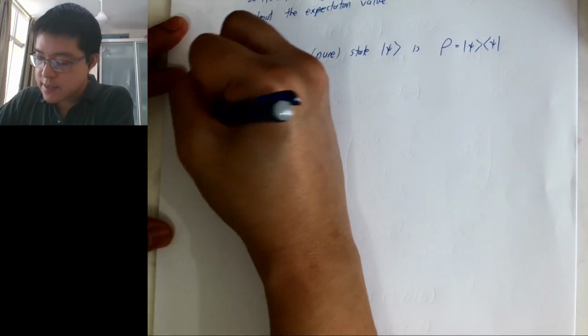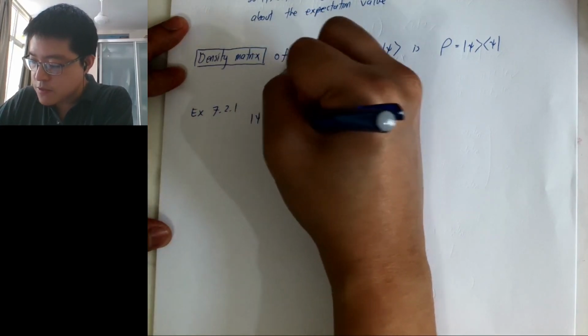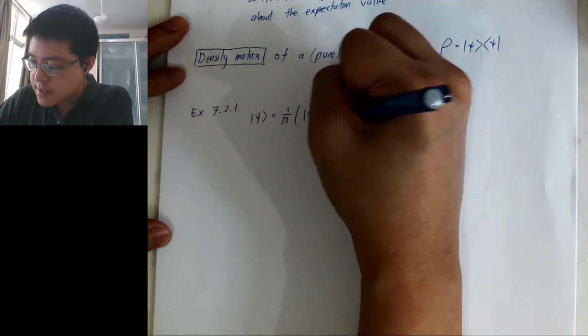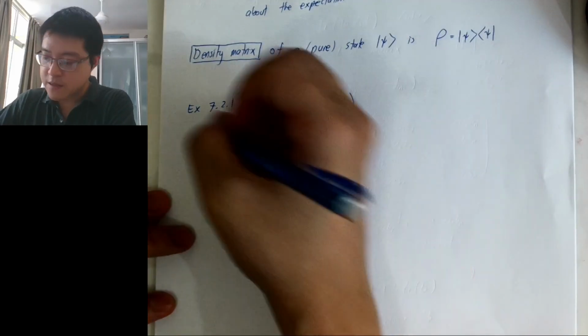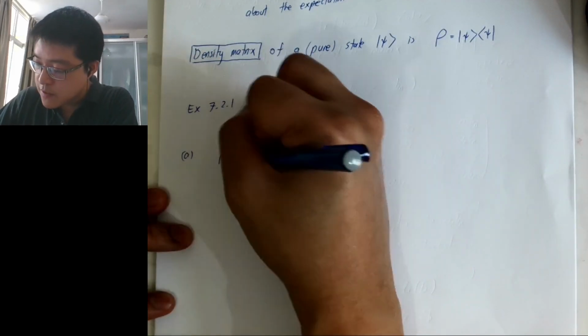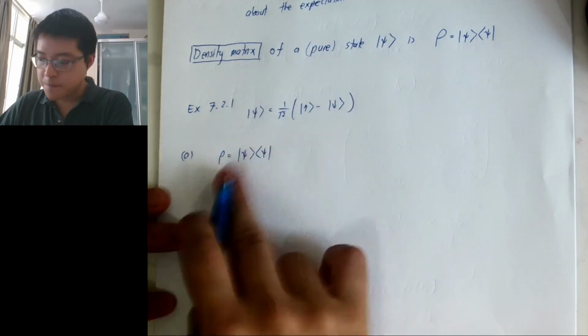Okay, so in this example, 7.2.1, the state that is given to us is 1 over root 2 times up minus down. We handle this state quite often already, but now what we want to do is find the corresponding density matrix of this state.